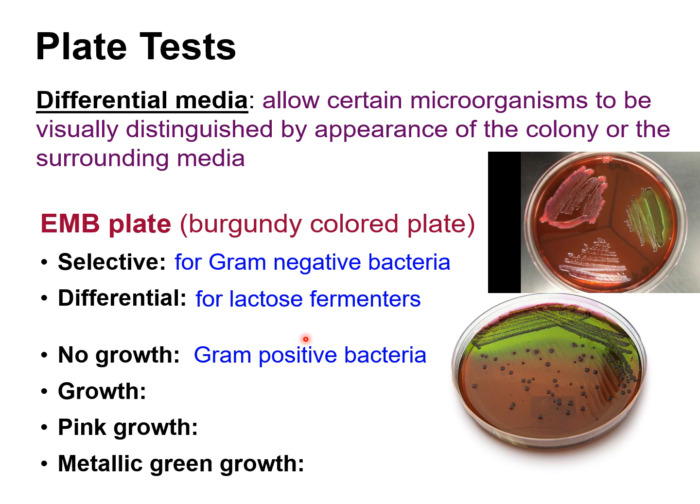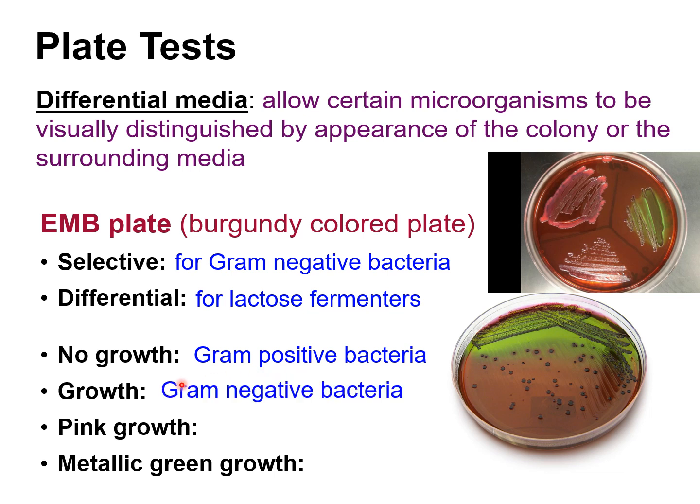It means that most likely the sample you inoculated your EMB plate with was gram positive. That's why nothing grew, because gram positives are inhibited from getting cultured on an EMB plate. So if you don't see growth, that means it was a gram positive bacteria.